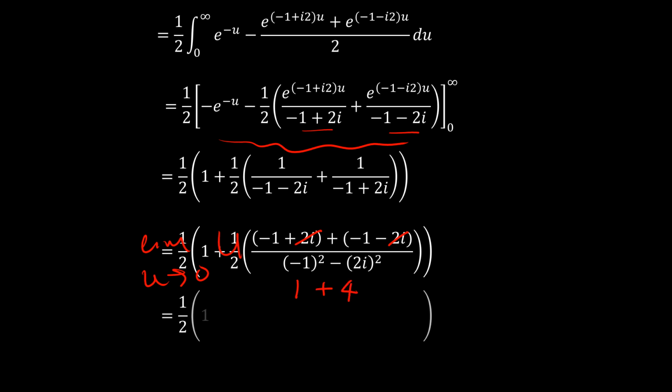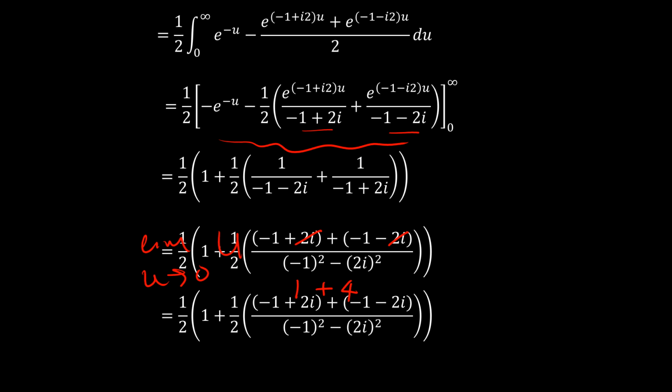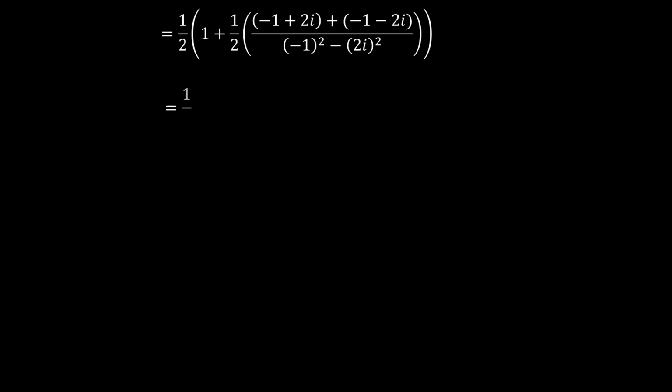And so we have now a half in bracket, 1 plus a half, negative 2 over 5, and what that means is that we still have half here, plus a half times 1 plus half.